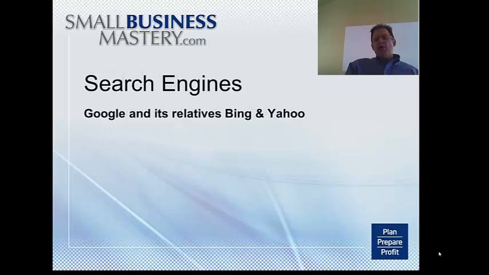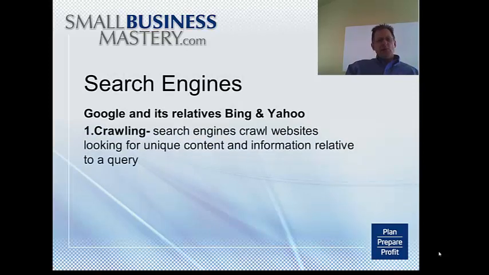So how do search engines work? And why do we need to know this? Well, if you want to get to first page of Google, you have to understand how it is that they find your information. And they do that by crawling the website first. So first thing they do is they crawl the web world, and they look for all the websites that have unique content or information about a certain query that's being typed in a lot.